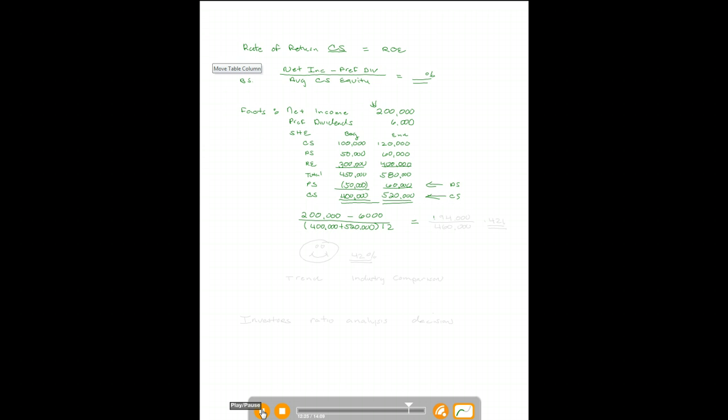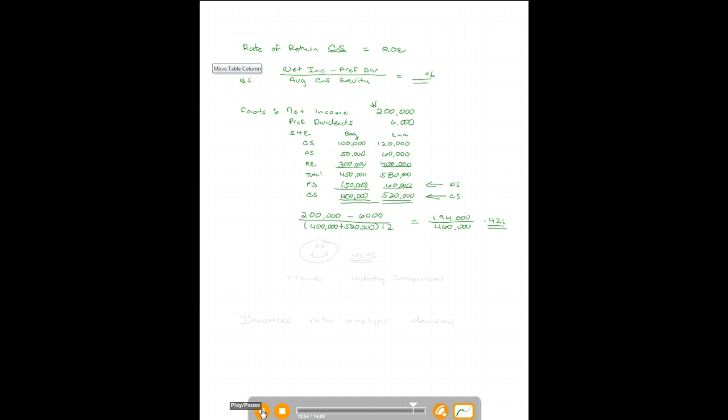Let's bring it down to more simple then. 194 divided by 920 divided by 2. That equals 460,000. Now we're ready to calculate the ratio. It comes out to a whopping 42.10% return on our investment.